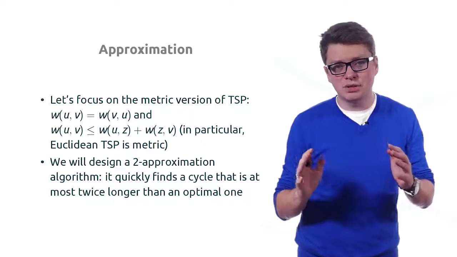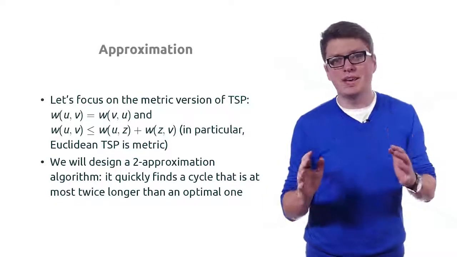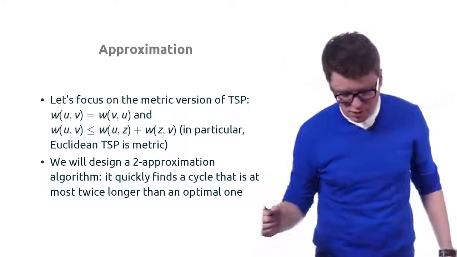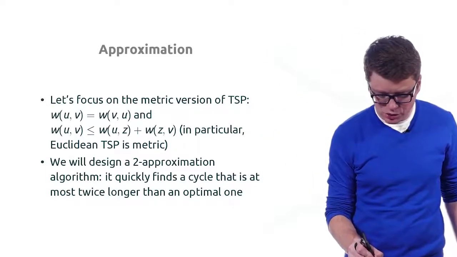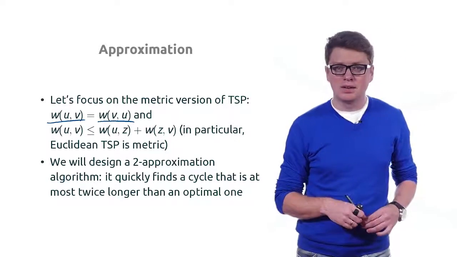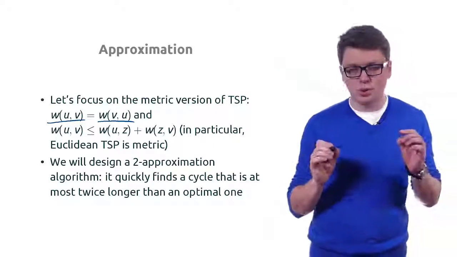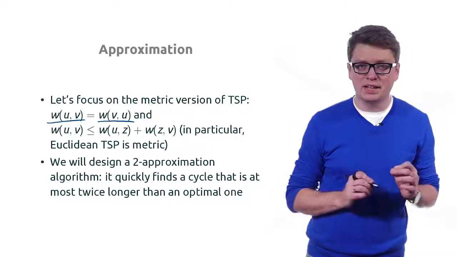So in this case, first of all, the graph is undirected, or symmetric, meaning that for any two vertices u and v, the weight of the edge uv is equal to the weight of the edge vu. And also, what is probably more important, all the weights should satisfy the triangle inequality.